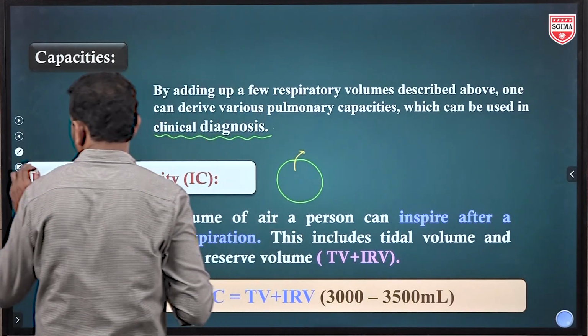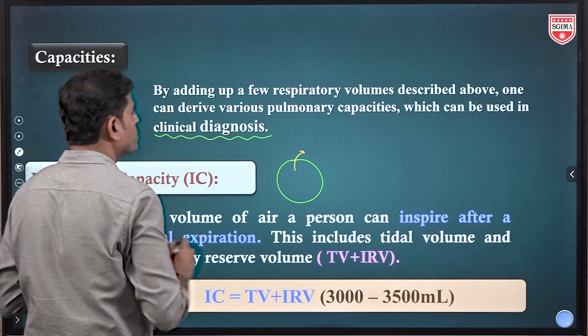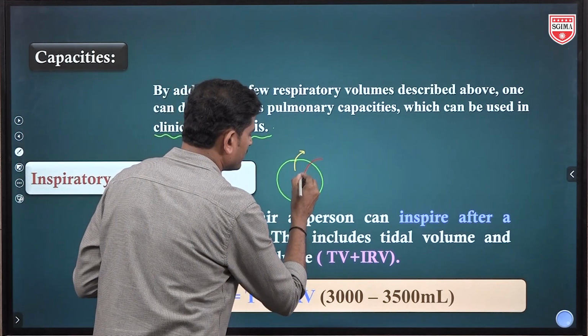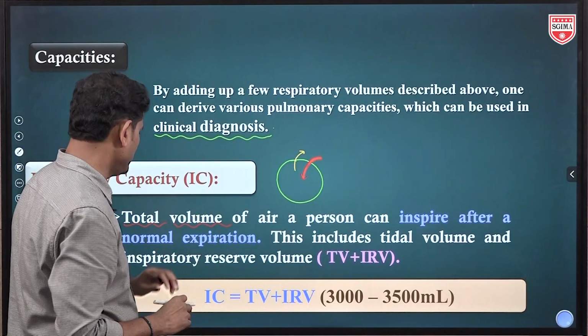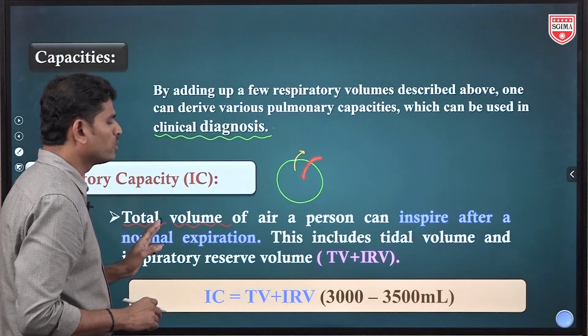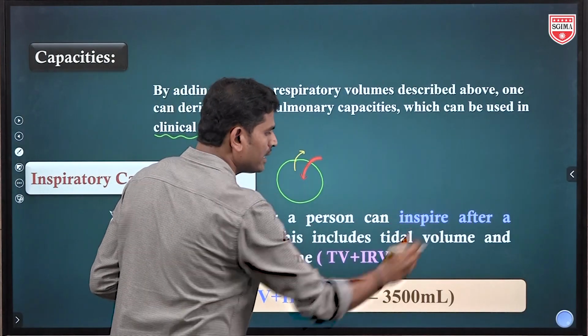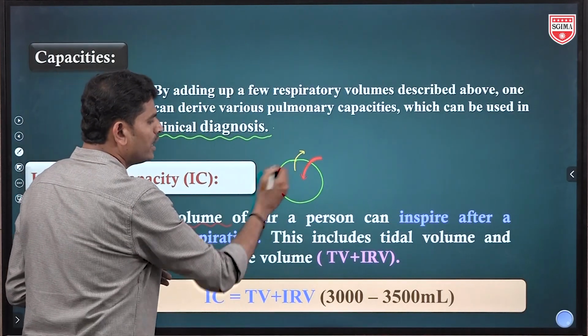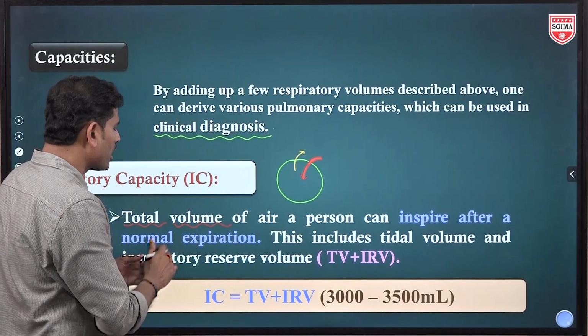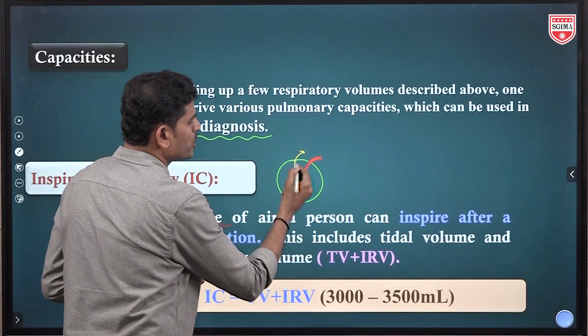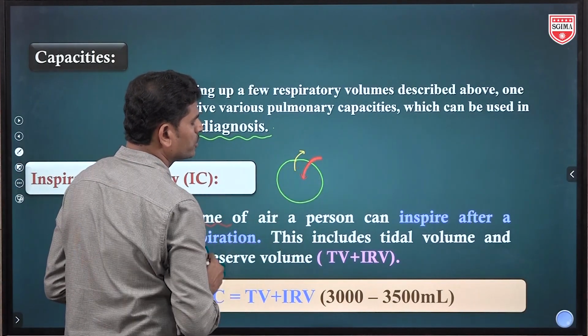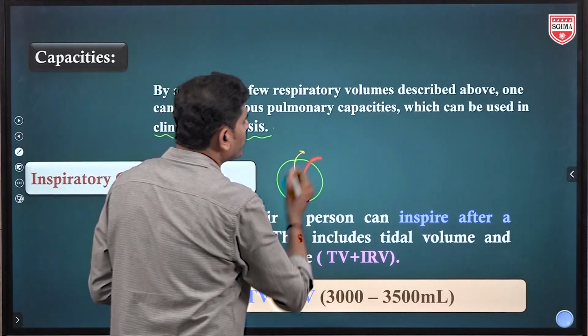After normal expiration, this organism is going to inspire. Inspiratory capacity is defined as the total volume of air a person can inspire after normal expiration. ये normal expiration, ये inspiration. So that is the total volume, इन दोनों का total volume.